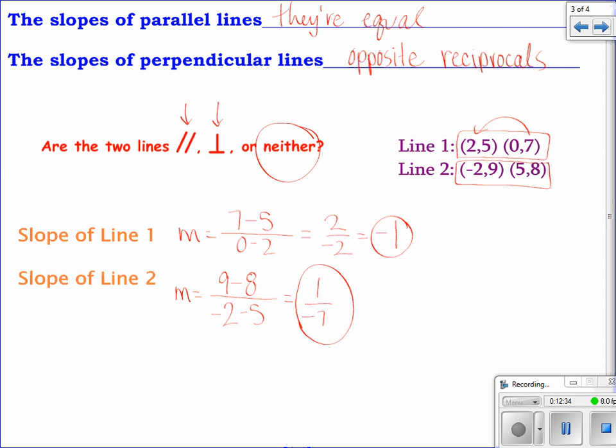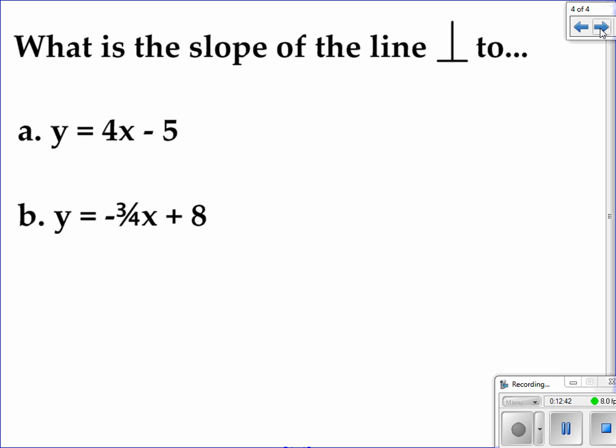So let's talk about this opposite reciprocal idea very quickly here at the end. Here's two equations of two lines, and we want to know the slope of the perpendicular lines to each of these. These are separate problems. So looking at example A, y equals 4x minus 5.